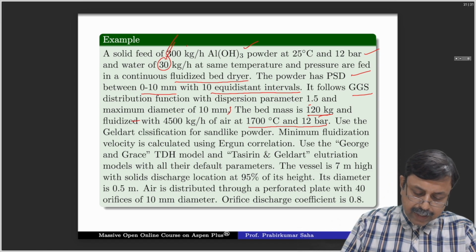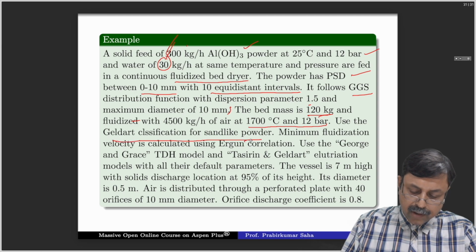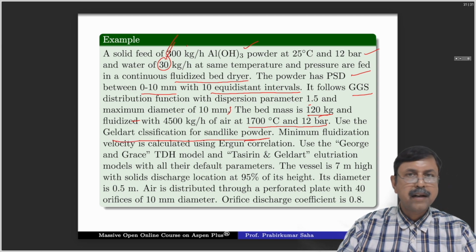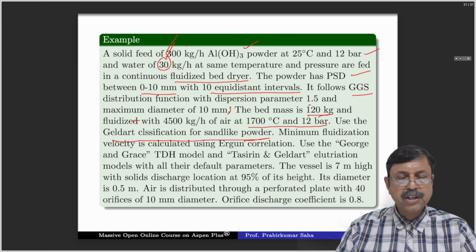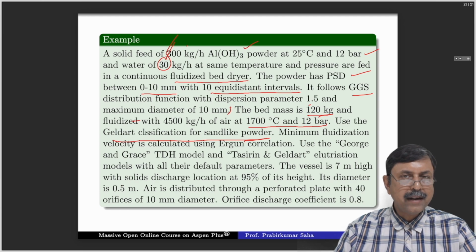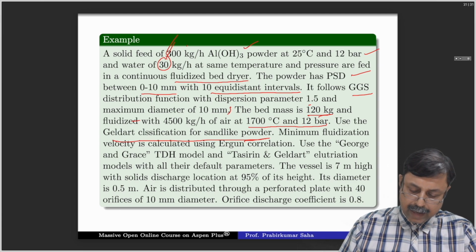Now use the Geldart classification for sand-like powder. There are 4 Geldart classification groups, A, B, C, D. We have to find out which Geldart group we have to use for sand-like powder. Minimum fluidization velocity is calculated using the Ergun correlation.